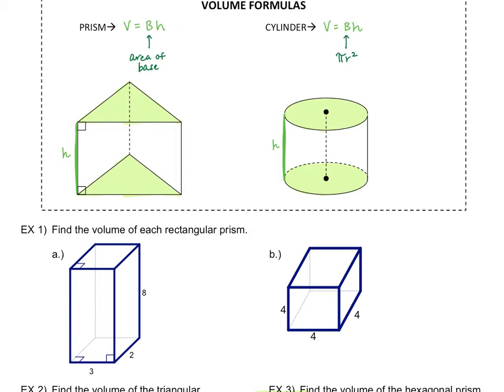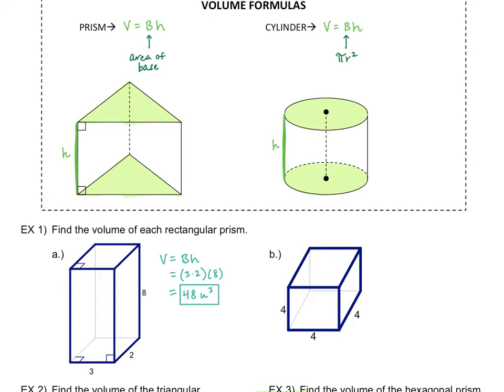So looking at this, again, let's write down our formula. Volume equals B times H, where remember the area of the base of a rectangle is its side times its side. So really it's going to be 3 times 2. And our height is going to be 8. So when we multiply all those together, we're going to end up getting 48 units. And remember, this is cubed because we're looking at volume. So I'm going to add the u cubed there.